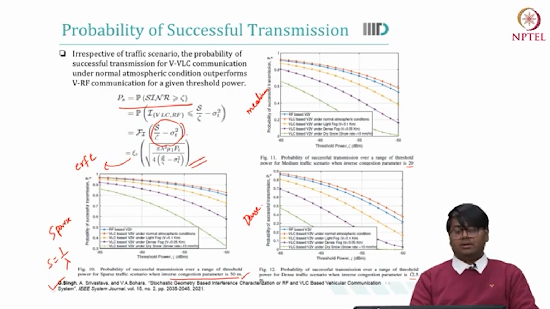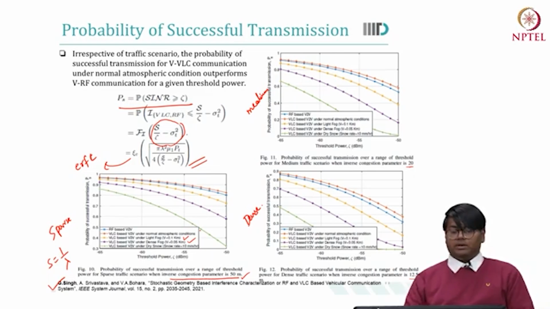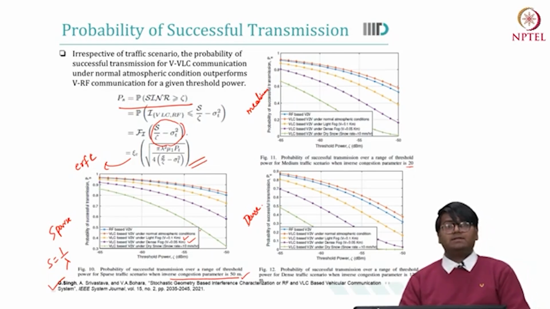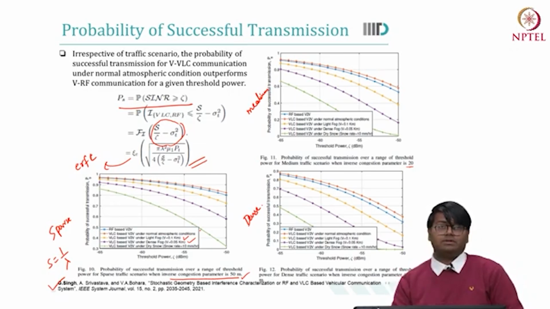But when it comes to environmental conditions such as light fog, dense fog and dry snow, VRF under no fading condition outperforms vehicular VLC. So these are the things we have covered. Again, you can obtain these results using the tools of stochastic geometry.